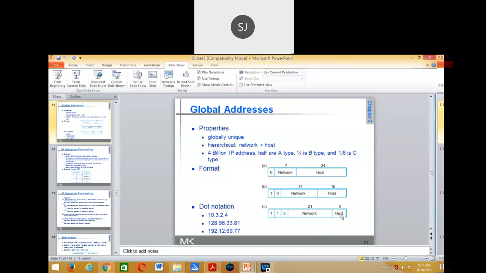Now in my organization I have 300 hosts, so one single class C is not sufficient. Either I have to go for one more class C network, which involves a lot of documentation, or I need to go for a class B network, which has 2 raised to 16 hosts.